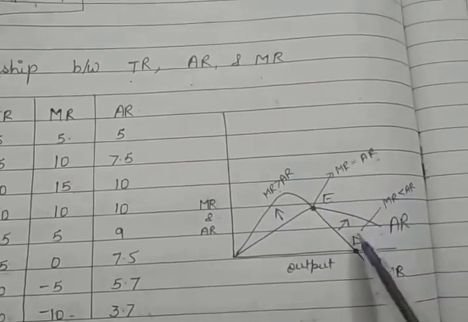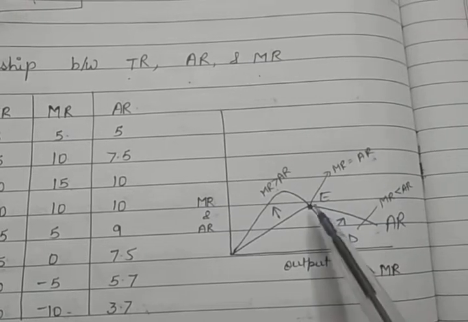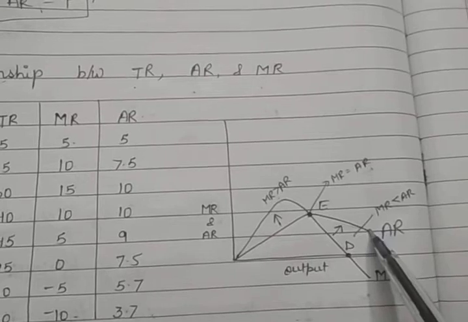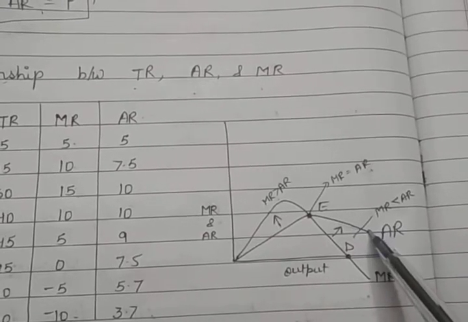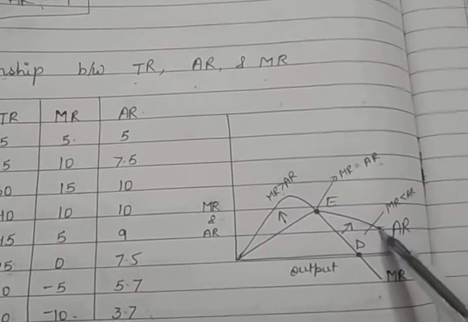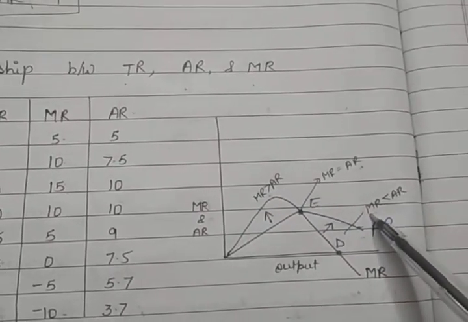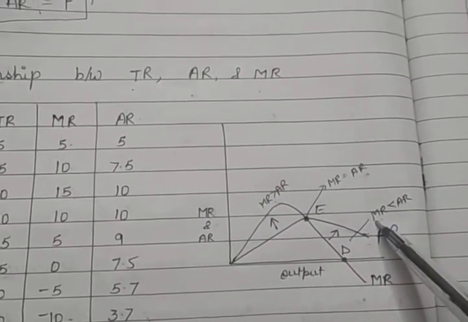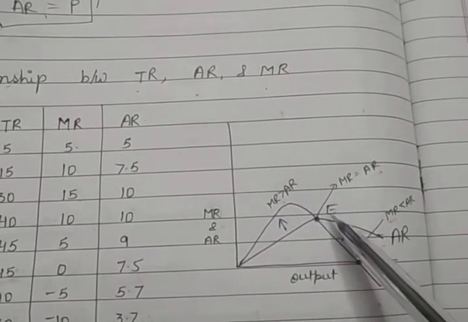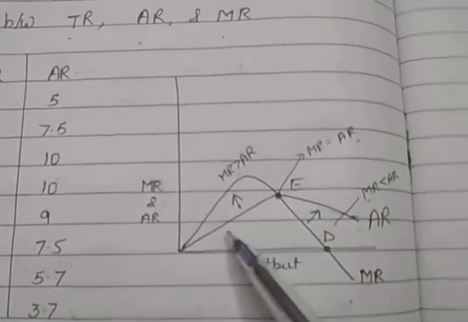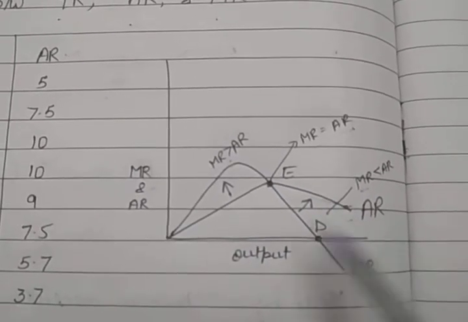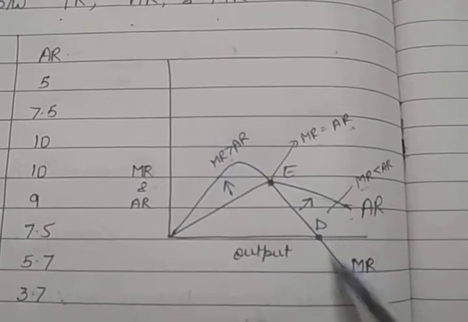Third point, when AR falls, this one is your AR curve, AR falls when MR is less than AR. Now this one is your MR which is less than AR, so it is written over here MR is lesser than AR. Fourth point, MR increases and decreases more rapidly than AR. As compared to AR, MR increases more rapidly and decreases more rapidly.